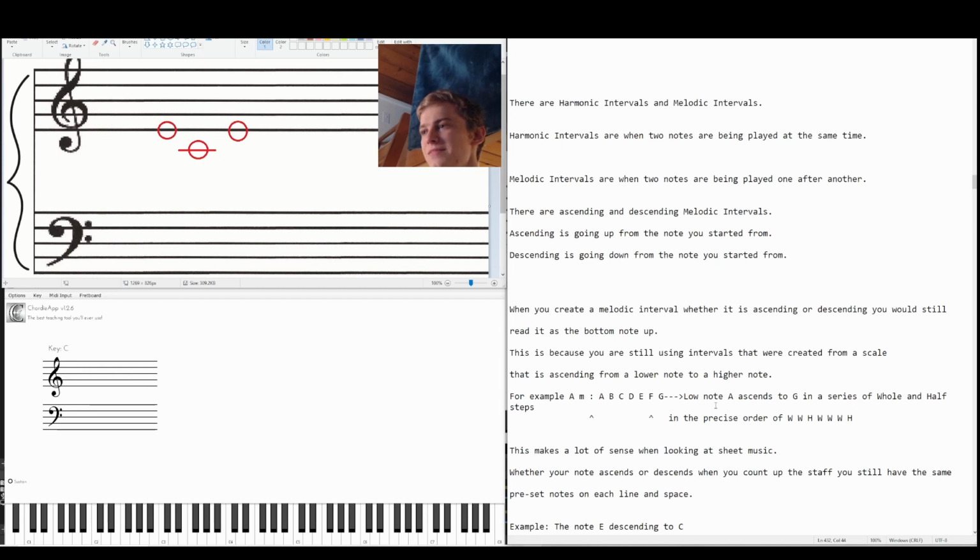Okay? When you create a melodic interval, whether it is ascending or descending, you would still read it at the bottom note up. This is because you are still using intervals that were created from a scale that is ascending from a lower note to a higher note.